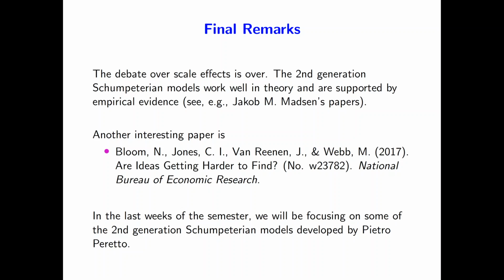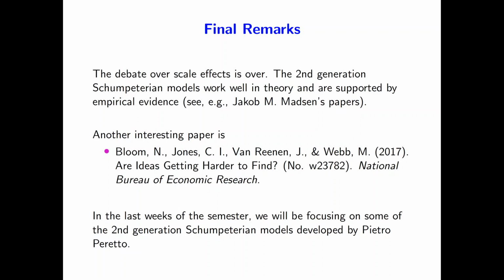Another reason is that it works well in theory, right? And also there are other papers, most notably by Jakob Madsen. Those papers look at aggregate macro data, sometimes industry data, and they find support for second generation Schumpeterian models. Okay.